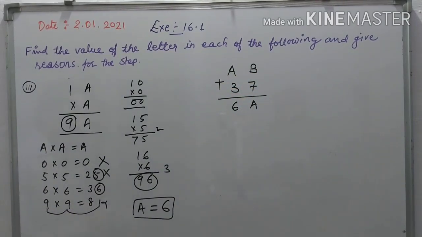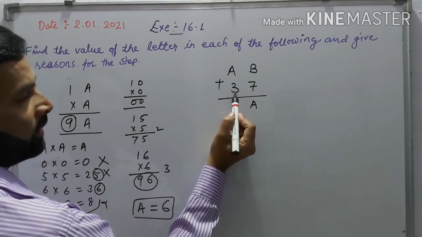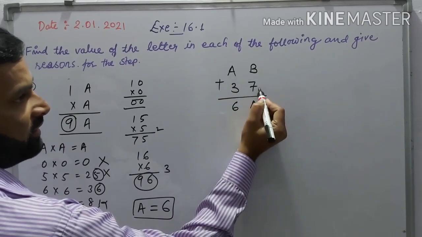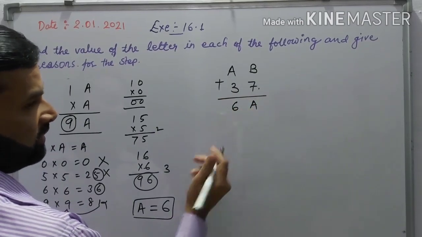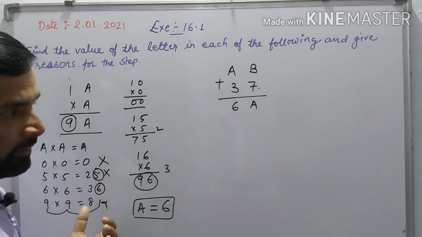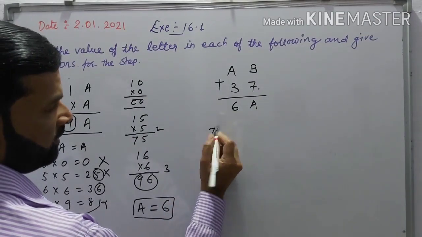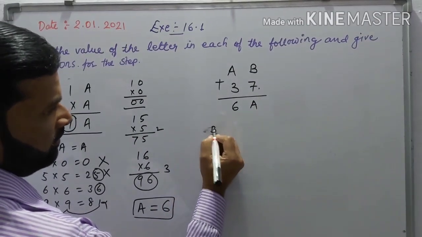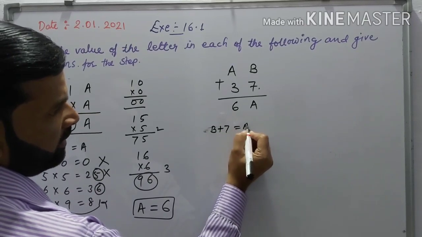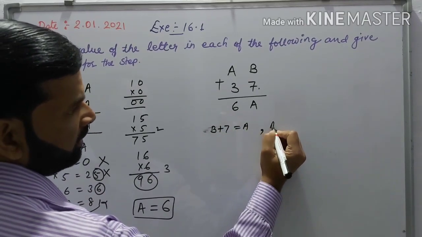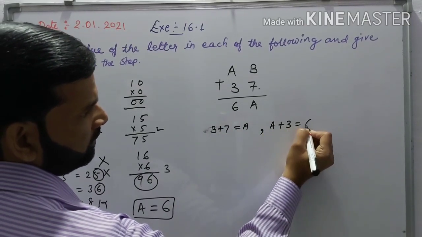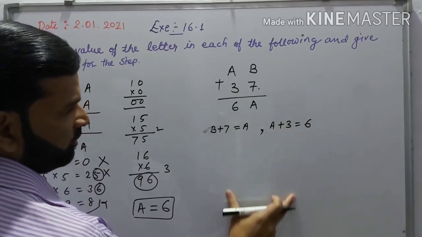Okay, so you have check 3, this is the 7. Okay, and 7 you plus 1 is 8. Suppose first number is AB plus 7 is equal to A and A plus 3 is equal to 6. Both conditions will be solved.